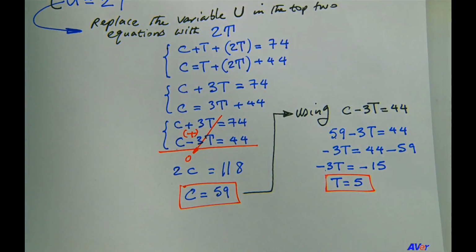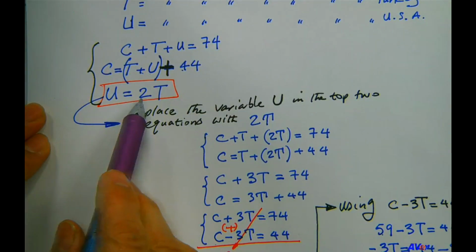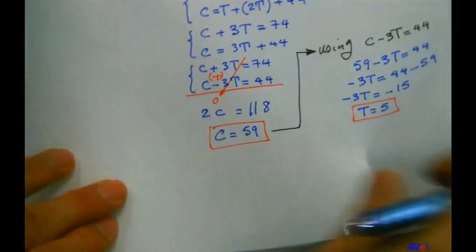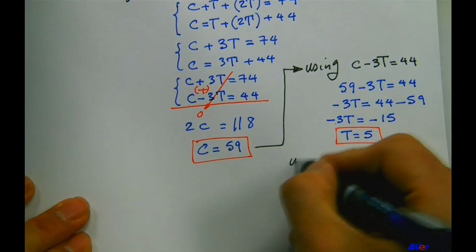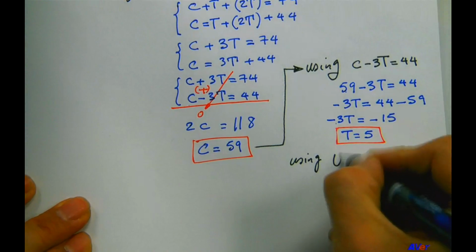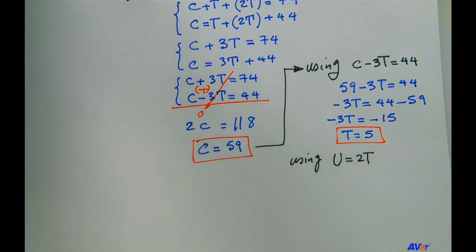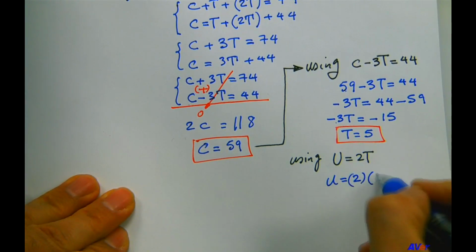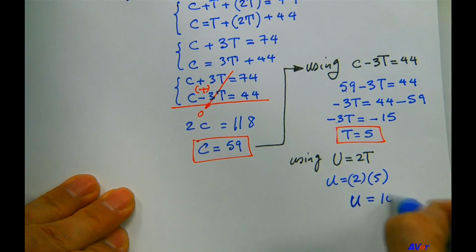And we know that the United States, according to this relationship, produced twice as much as Turkey, right? Let's make use of that. So using U equals 2t, then we have United States equals 2 times 5, or United States equals 10.